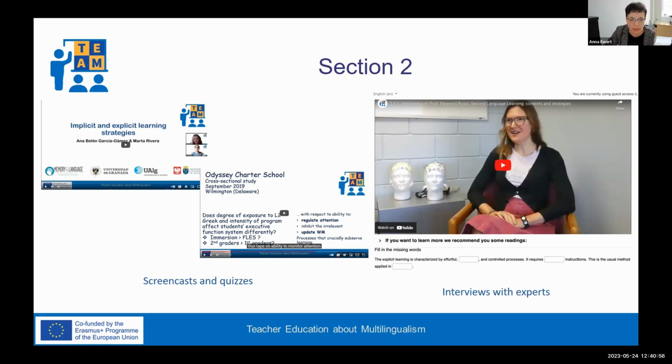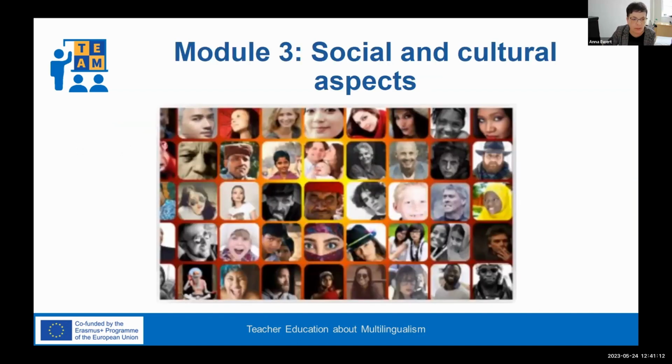Here the focus, in these sample materials, is on implicit and explicit learning, as well as learning contexts. And there's a research study comparing two bilingual programs.